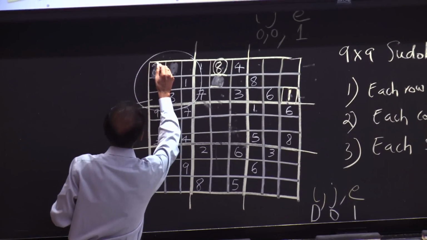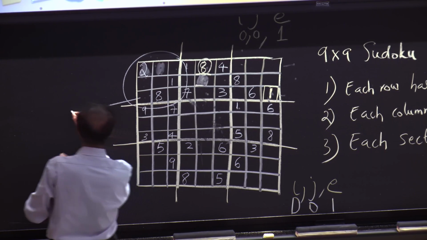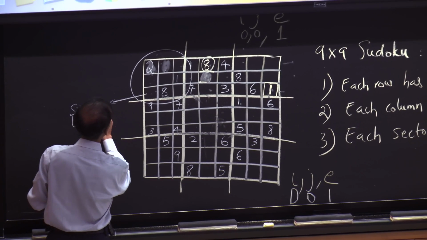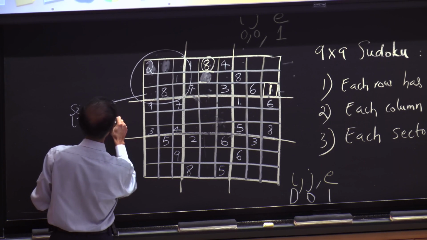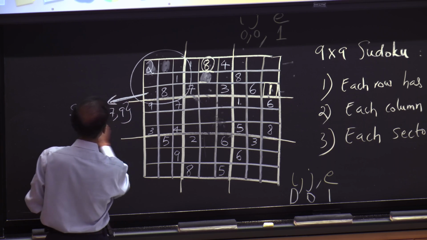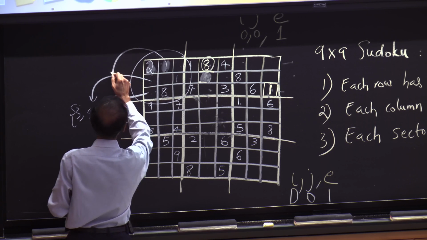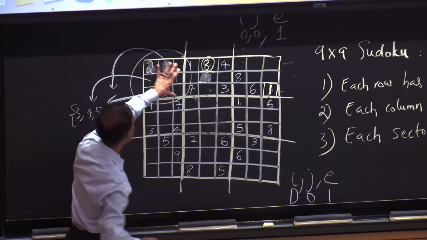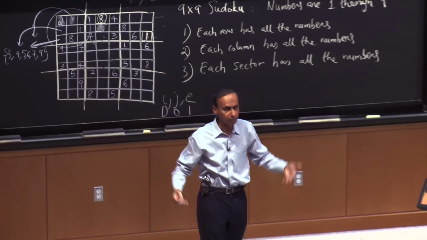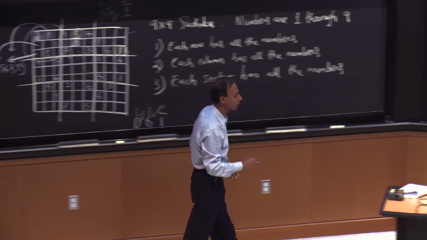If I go ahead and put a 2 in here, the missing elements are the set 3, 4, 5, 6, 7, and 9. So this could be 3, 4, 5, 6, 7, 8, 9. This could be 3, 4, 5, 6, 7, 8, 9. And this is quite dumb right now. But each of these different squares could be 3, 4, 5, 6, 7, 8, 9. Okay, possibly. All right.